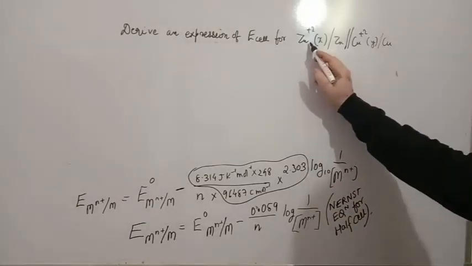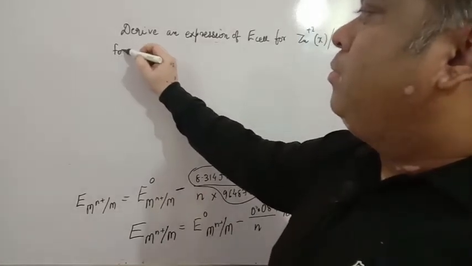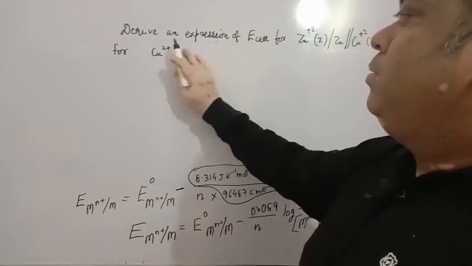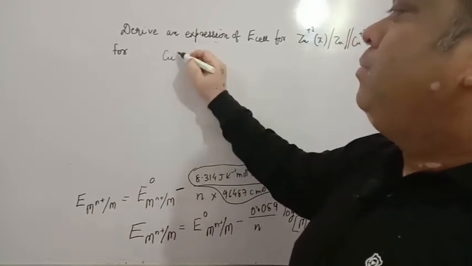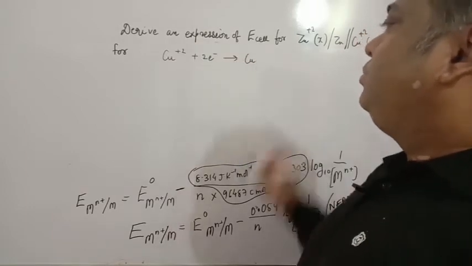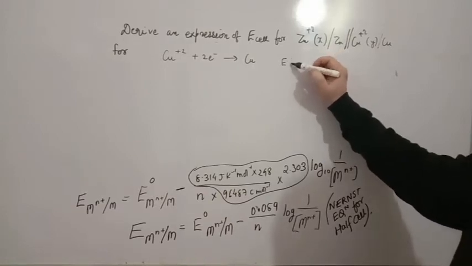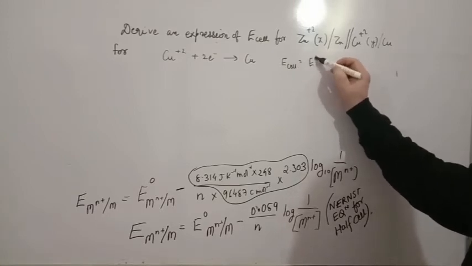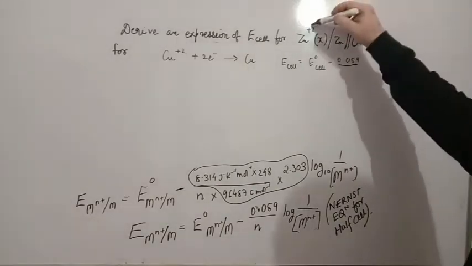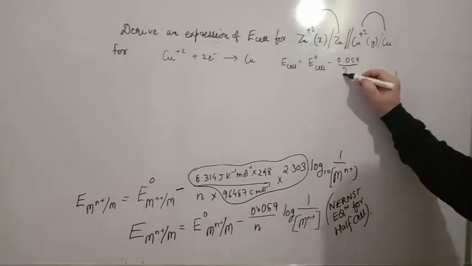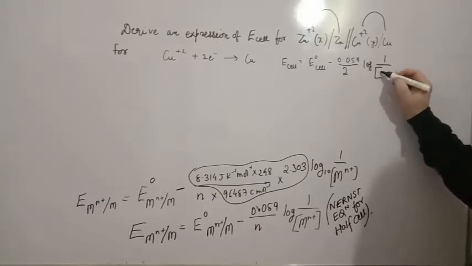So this is anode, this is cathode. So we can write for Cu2+ reducing to Cu, the expression will be E cell equal to E standard cell minus 0.059 by number of electrons gained and lost, which is nothing but 2, log 1 by concentration of Cu2+.